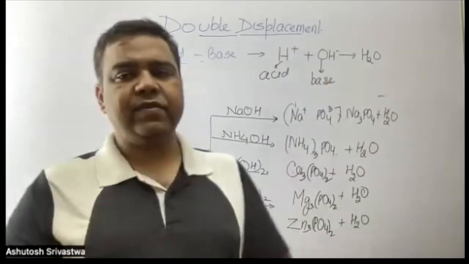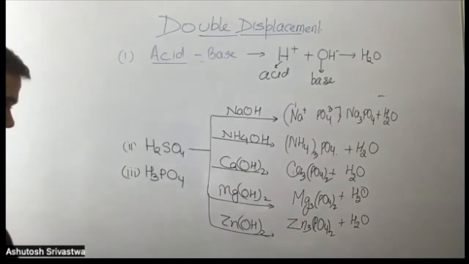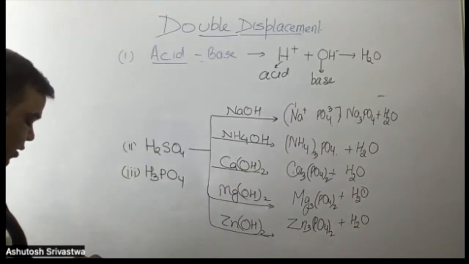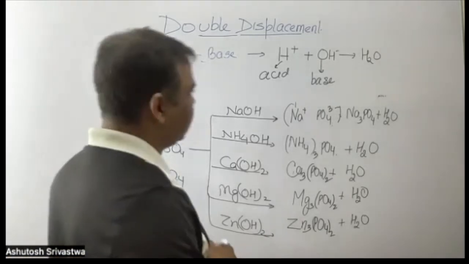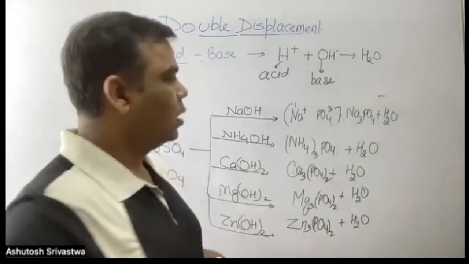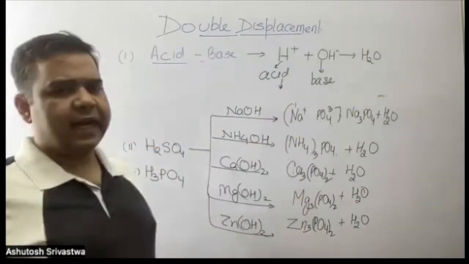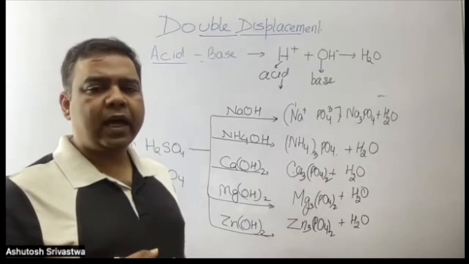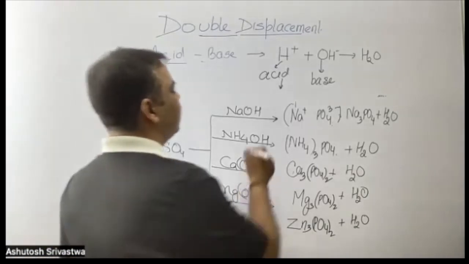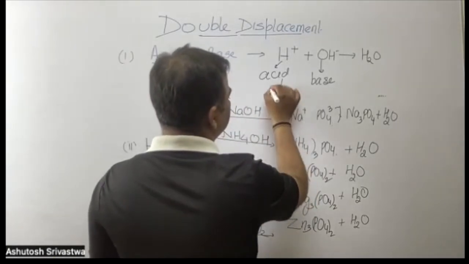Acid, base, acid, base. So how to balance this? We have different coefficients. Balancing is very easy. Suppose the number of H plus coming from the acid is VF acid.